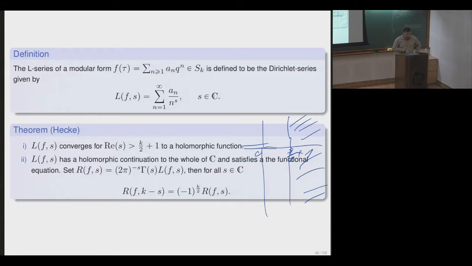And the miracle is that you can extend this holomorphically to the whole complex plane. Moreover, you have a functional equation relating k minus s and s. So if you know the value of the function here, then you know it on the other side also.